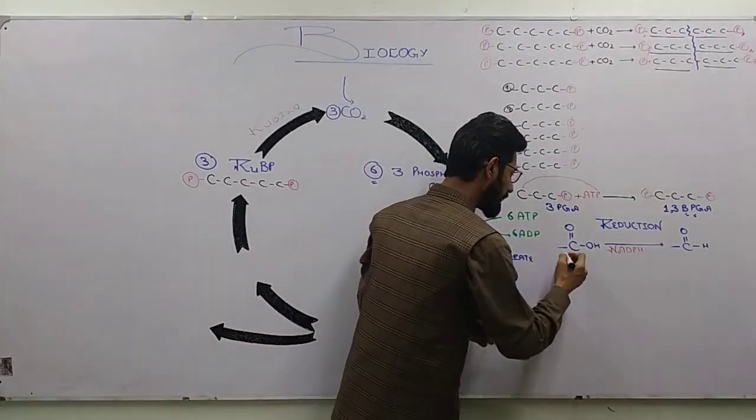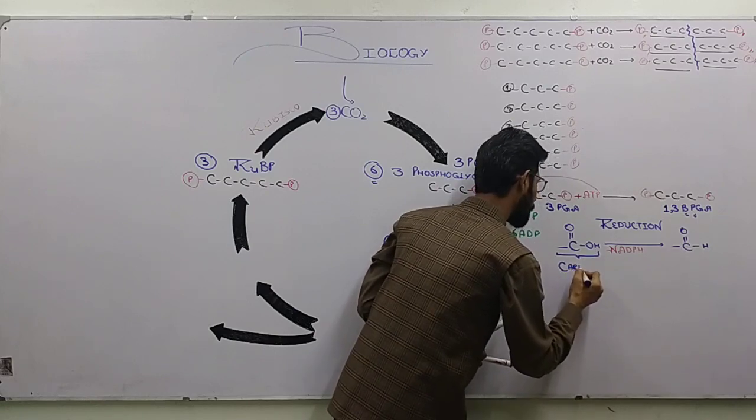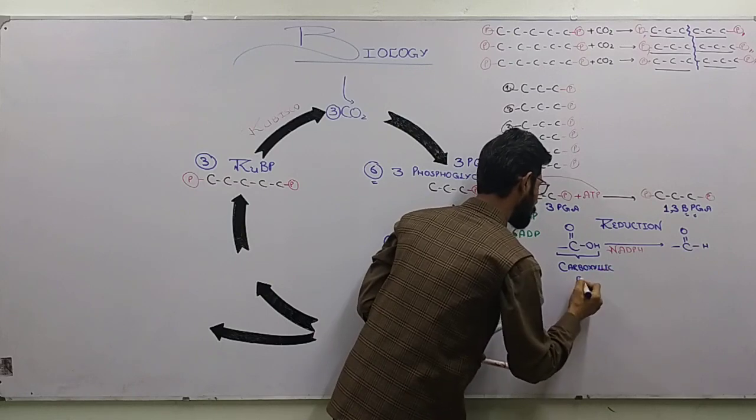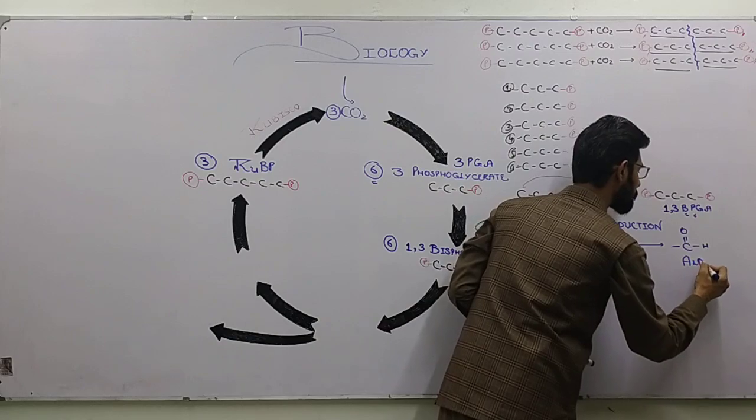So what happens here? It's a carboxylic acid and this one is an aldose sugar.